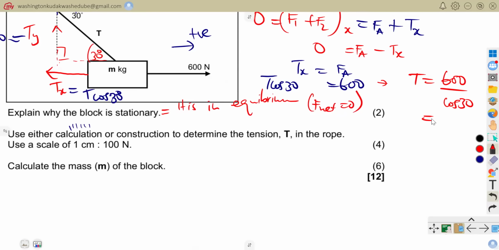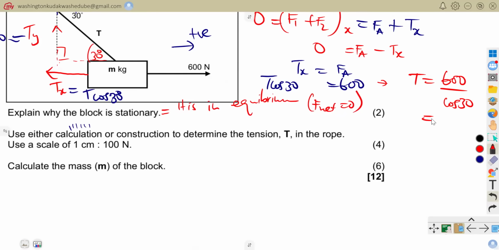Now this is the time where I take my calculator. Let's use our calculators to say 600 divided by cos 30. I'm getting an answer that tells me that my T would be equal to 692.82.